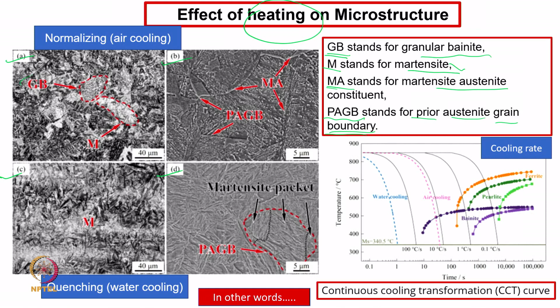You are able to see this kind of grain boundary shown as the red color points. Similarly, there is a martensite boundary in this case. This micrograph is 40 micron, but when we zoom it, we are able to see some boundaries very clearly, and some martensite-austenite structure also.